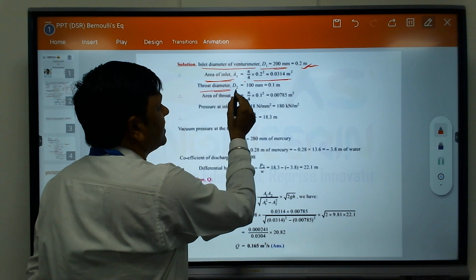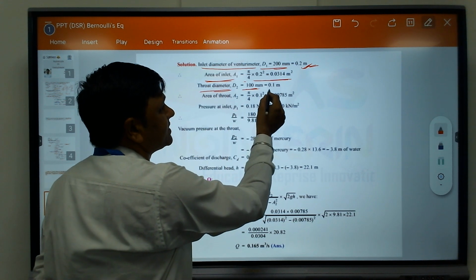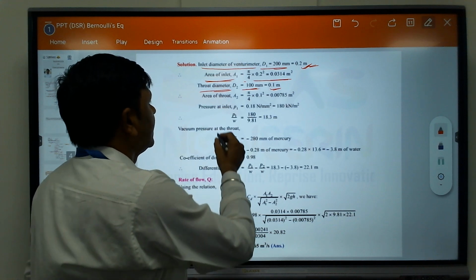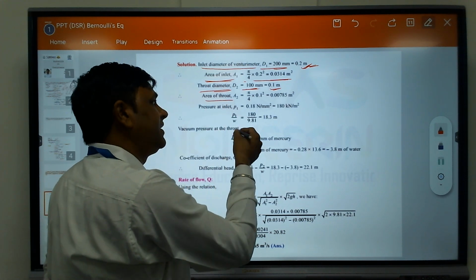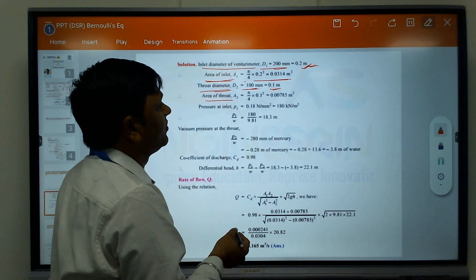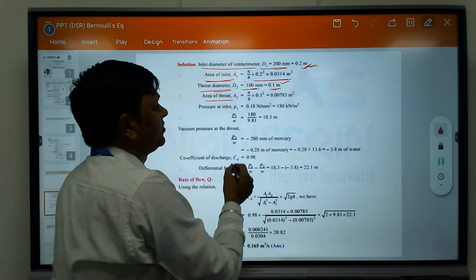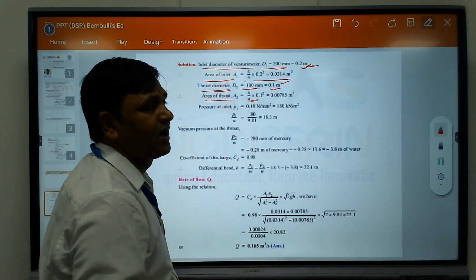Throat diameter is 100 mm, which is equal to 0.1 meter. We can calculate the area of the throat using the diameter of the throat with the formula pi by 4 d square.